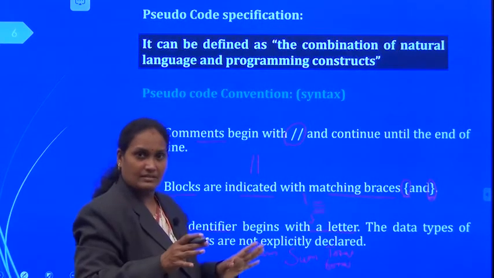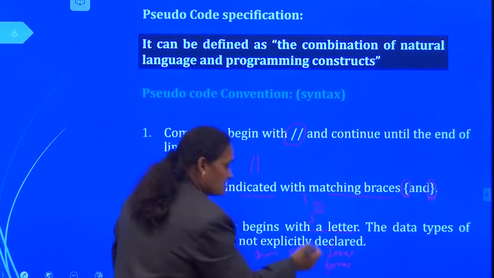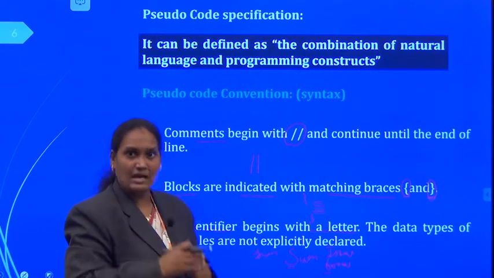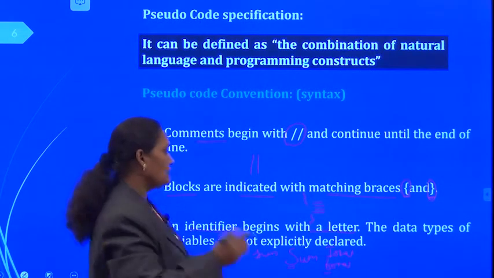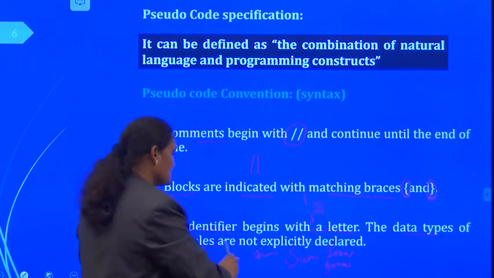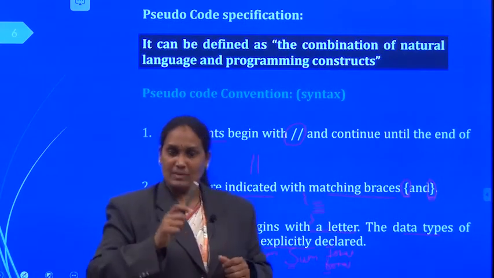So anywhere, the identifier should begin with an alphabet or a letter. It may be a lowercase alphabet or an uppercase alphabet. And one more thing is, the data types of variables are not explicitly declared. So you have to remember this one.